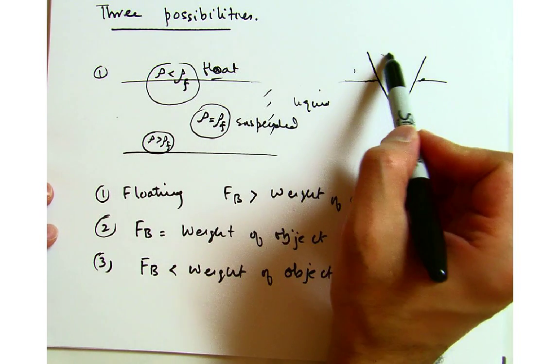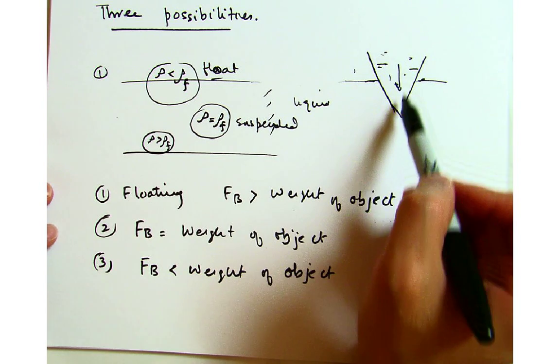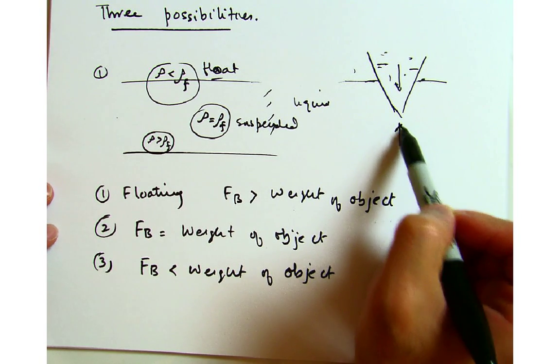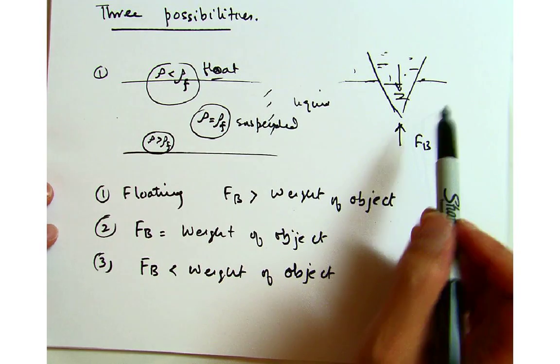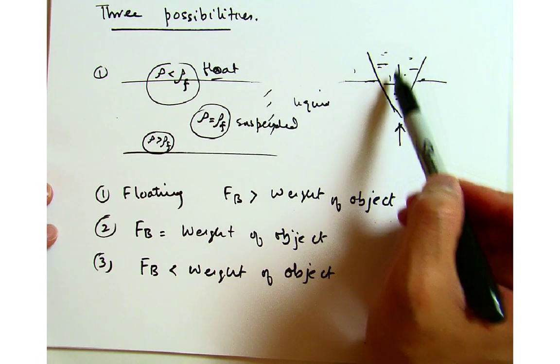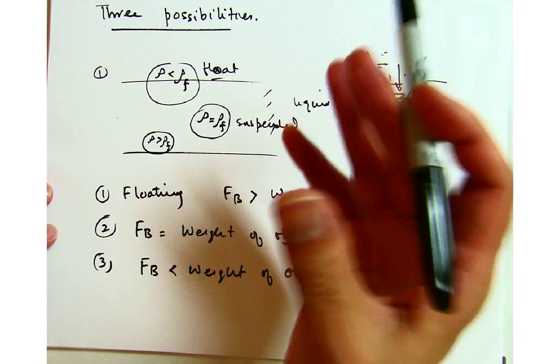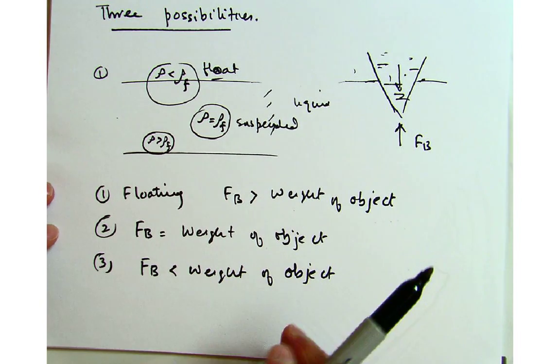There's iron, but there's a lot of air, and the net effect is the amount of fluid it displaces. The buoyant force is much higher than the weight of the ship itself, with the air and all that. So that's the reason it will float.